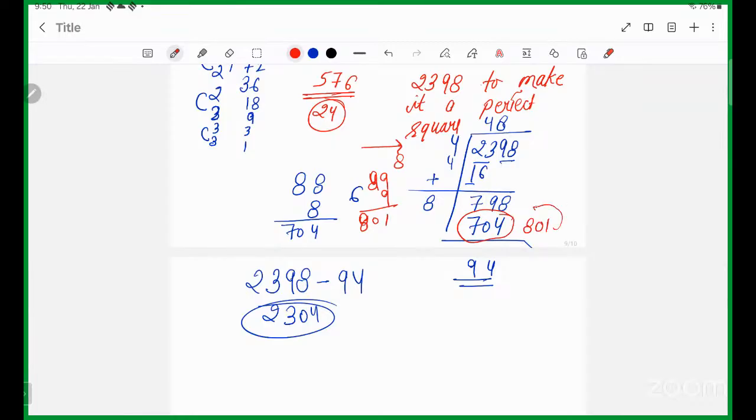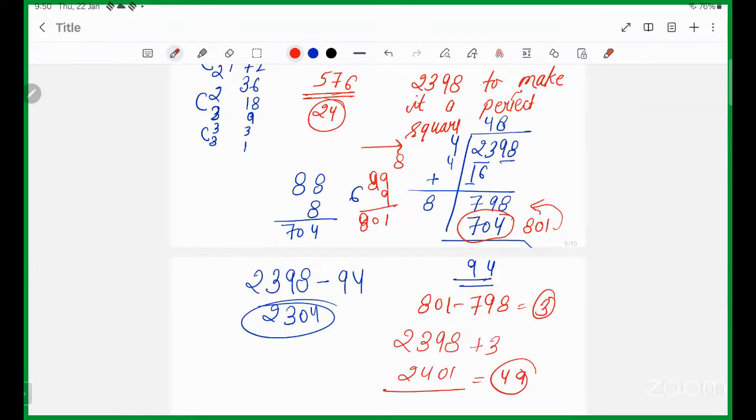If I subtract from this, 801 minus 798, it will be 3. So if I add 3 to 2398, I will get a perfect square, that is 2401, which is the perfect square of 49. First I multiplied by 8, after that I multiplied by 9. Okay.